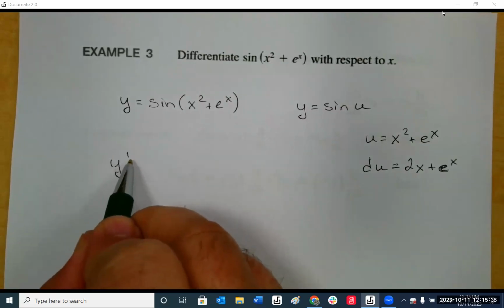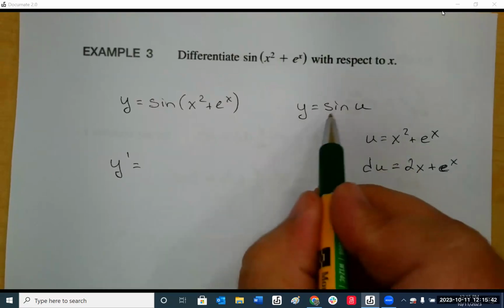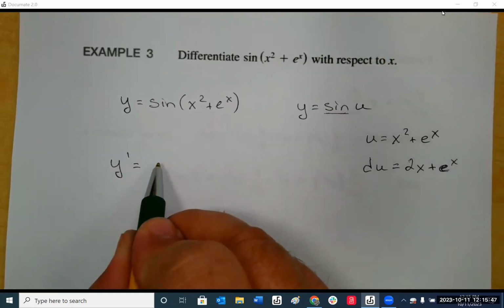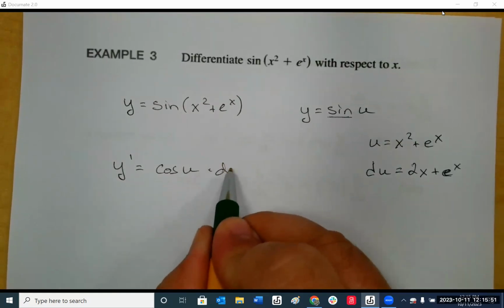So the derivative, so we take the derivative of the outside, which is sine. What's the derivative of sine? Cosine u times du.